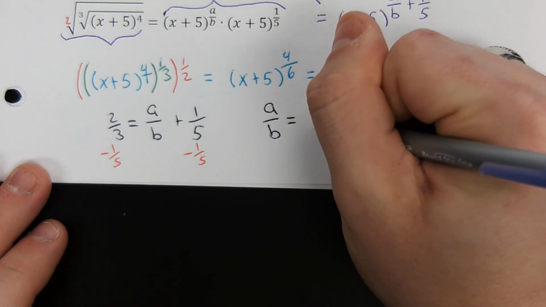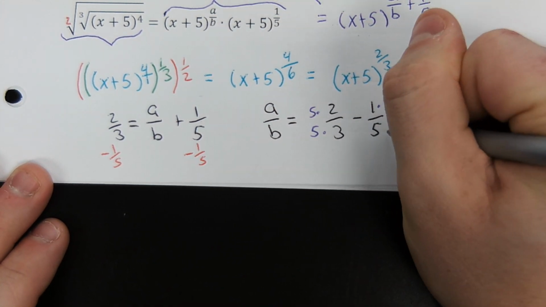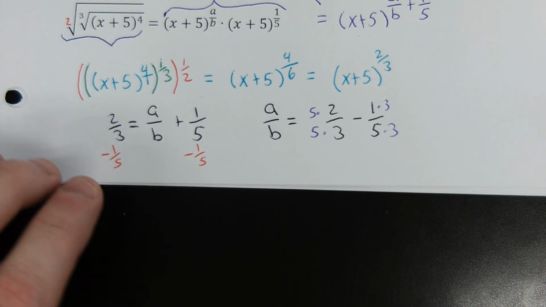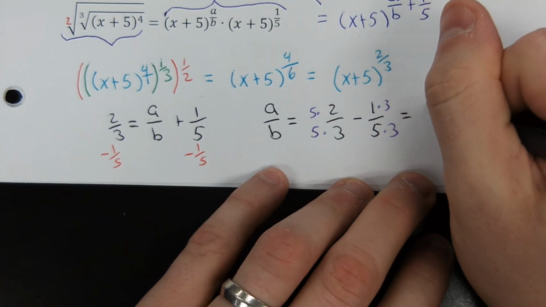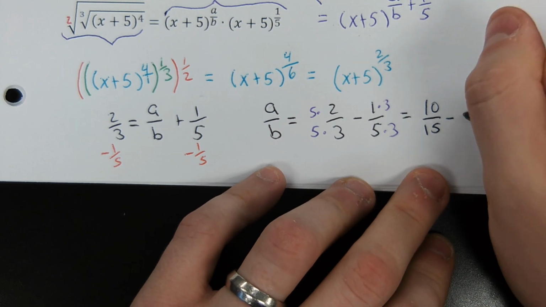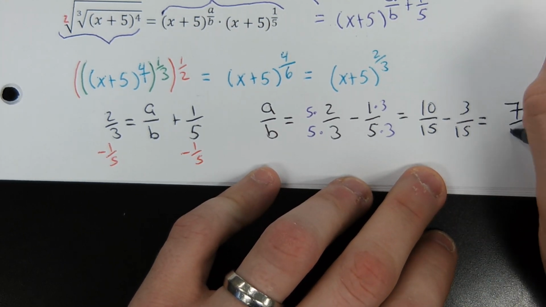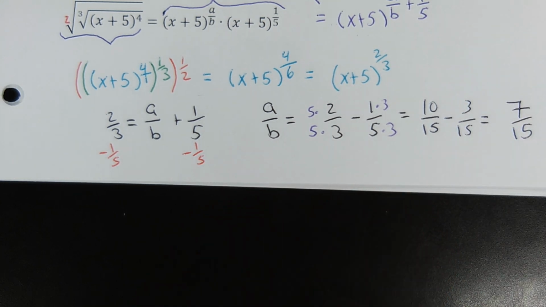We need to get a 15, so we multiply by 5 top and bottom, and multiply by 3 top and bottom, and what I get is 10 over 15 minus 3 over 15, or 7 over 15. So A is 7 and B is 15.